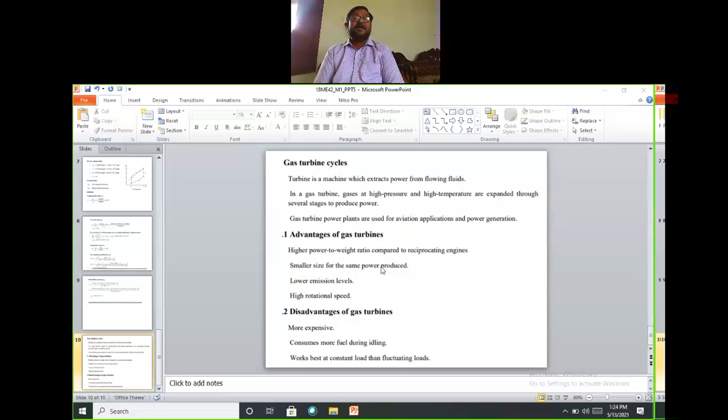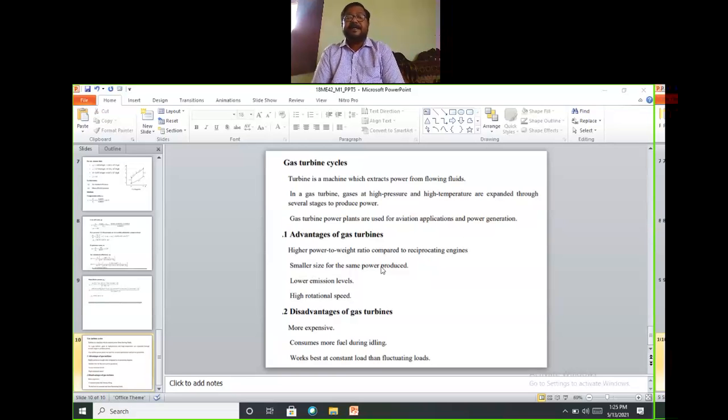Next topic is gas turbine cycle. As you all know, a gas turbine is a machine which extracts the power from the flowing fluid. In the gas turbine, gases at high pressure and high temperature are expanded through several stages to produce the power. Gas turbine power plants are used for aviation applications and also power generation.